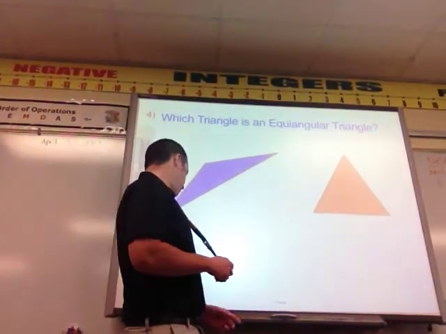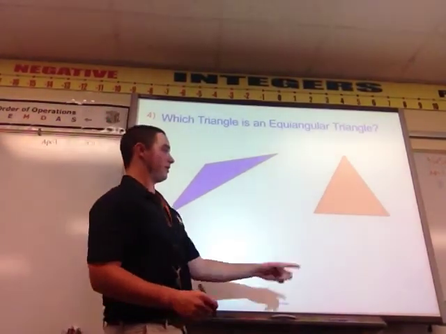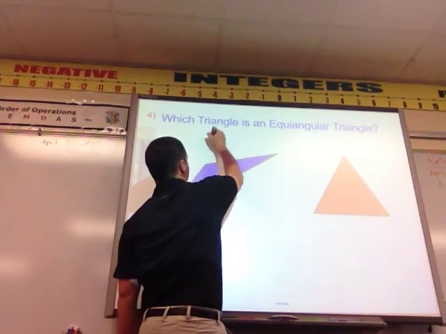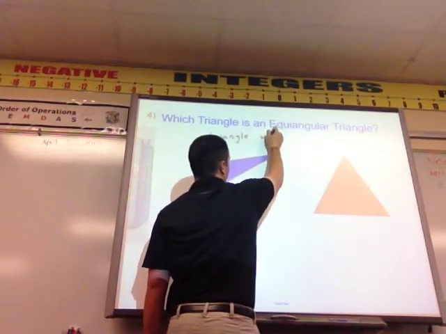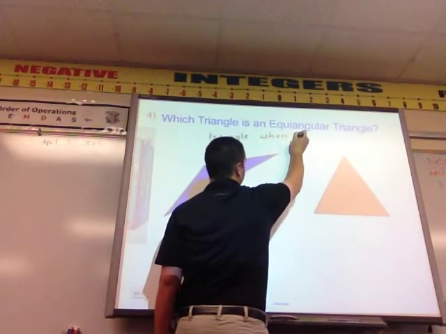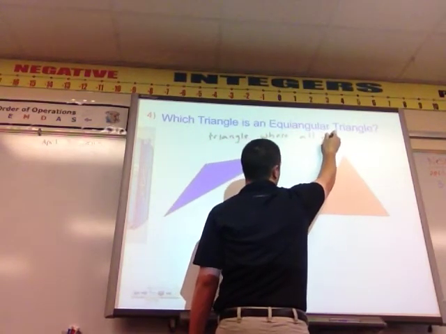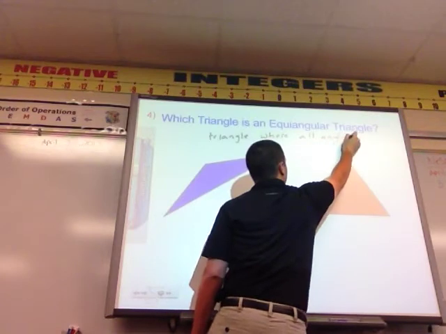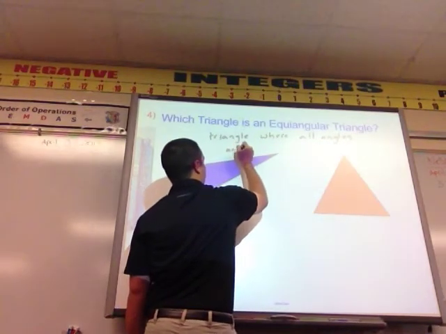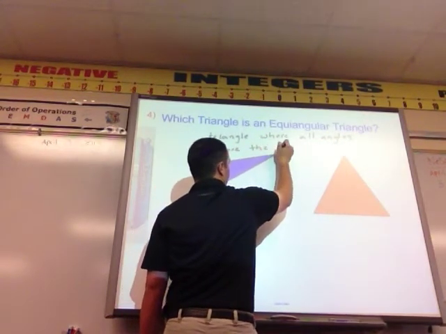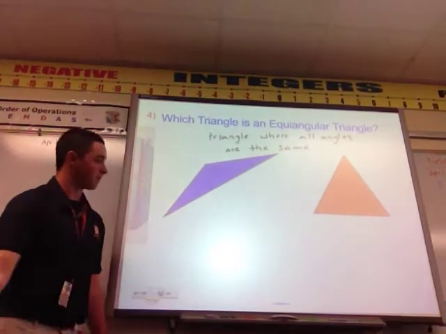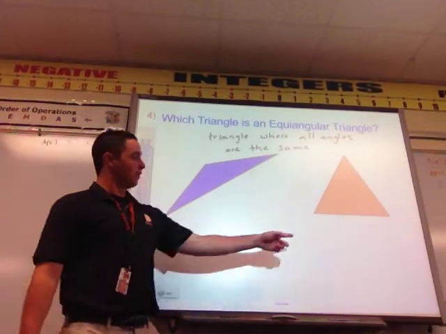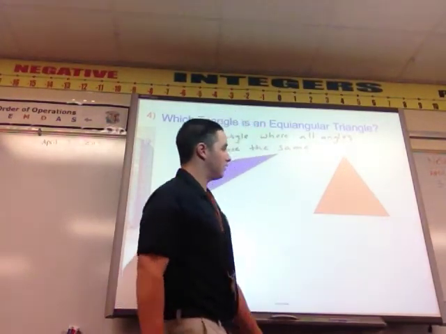This triangle is an equiangular triangle because all the angles are equal.